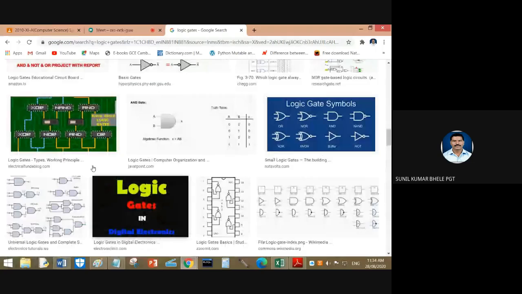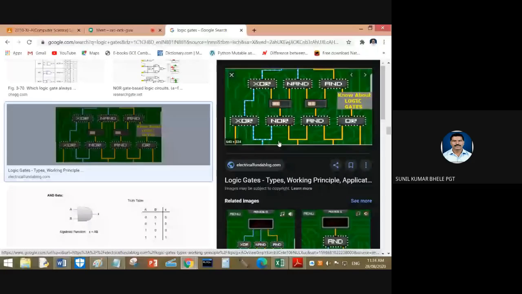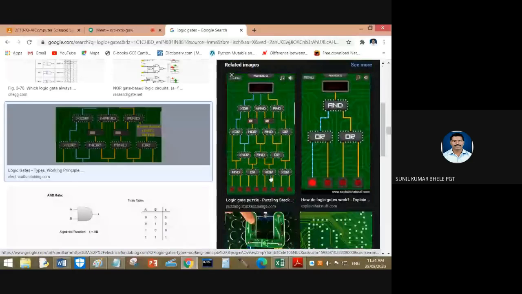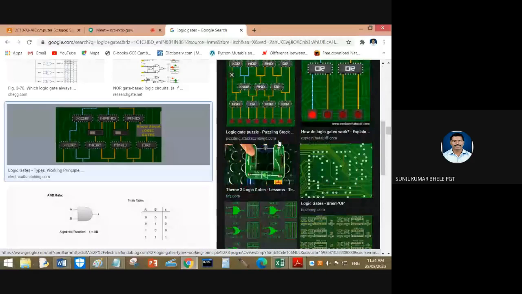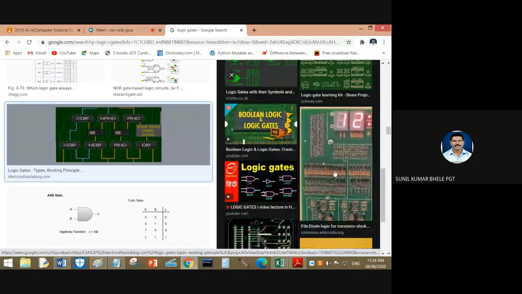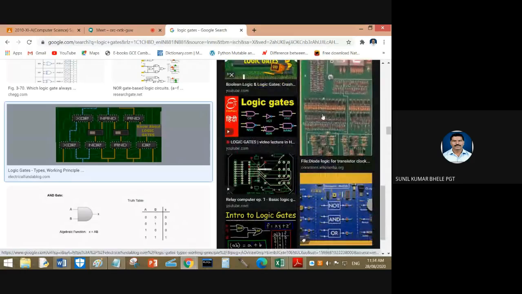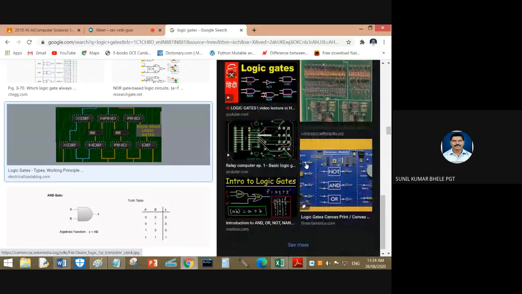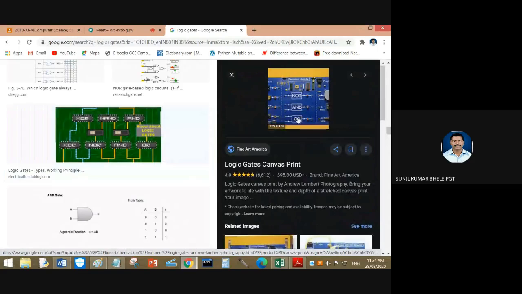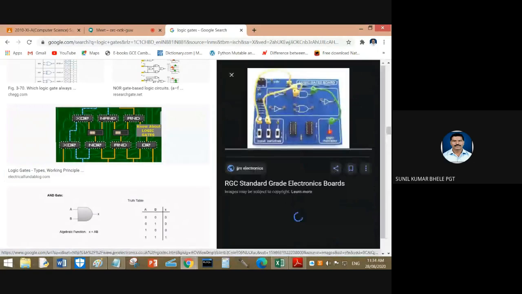You can make one project also in which the gates are represented and the input and output are represented by LED lights. You can see that calculators function based on logic gates. They can do addition, subtraction, multiplication, division. You can create this type of project as your science project, in which you show the working of each and every gate. Look at this logic gates board.